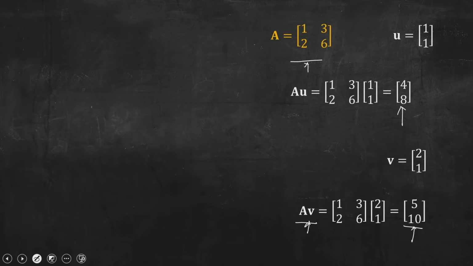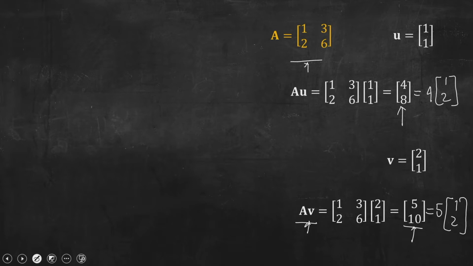I will plot them, but before that just check out, can't I rewrite this new vector? I can write it this way, right. I take 4 and then it will become 1, 2. Whereas, in the second case for v, it becomes 5 into 1, 2.